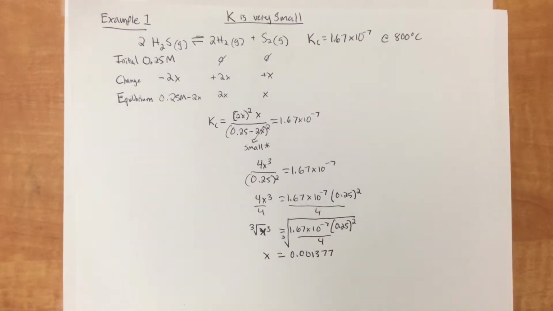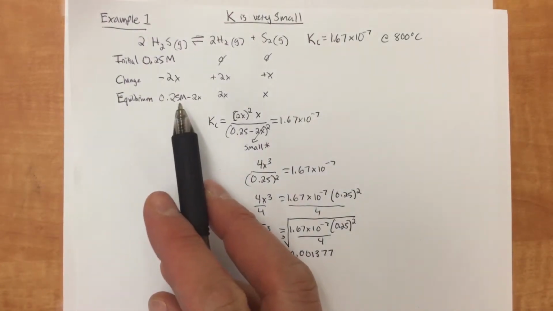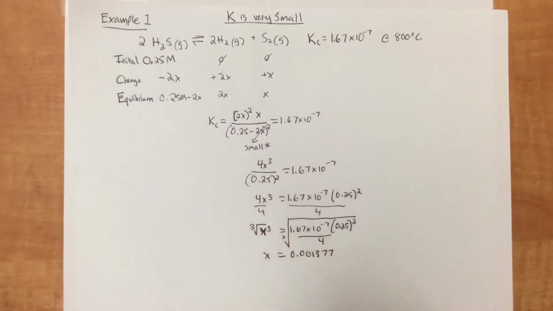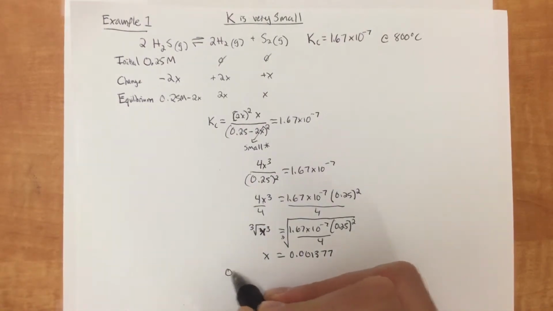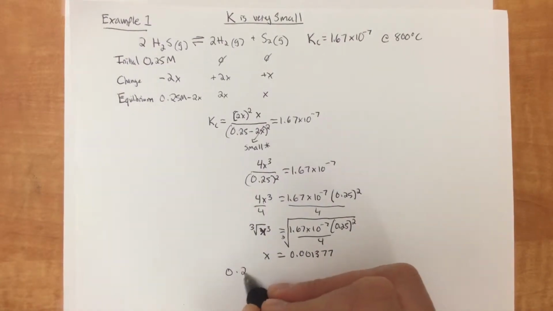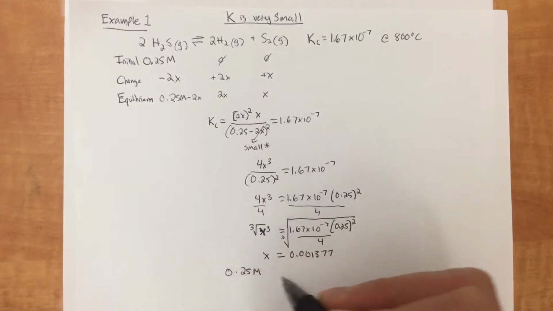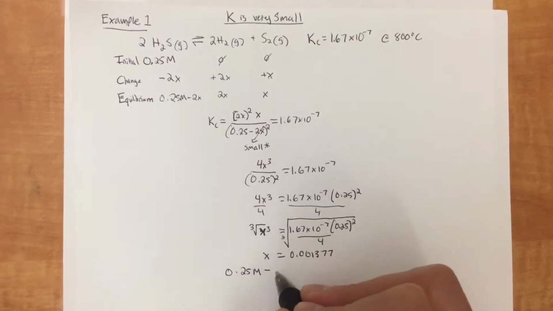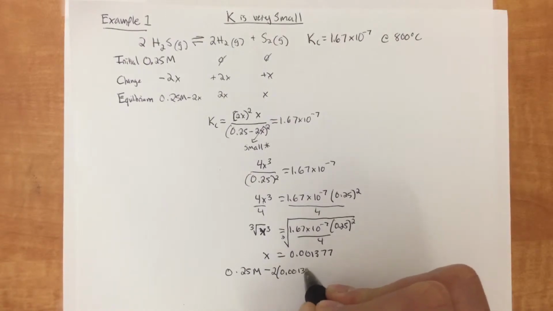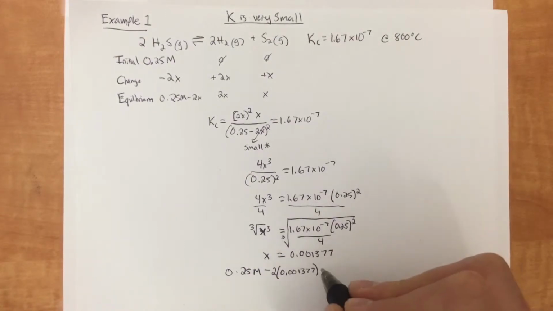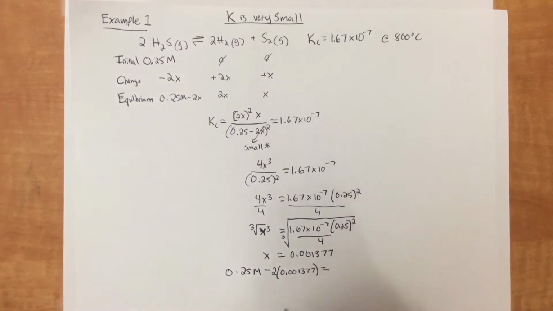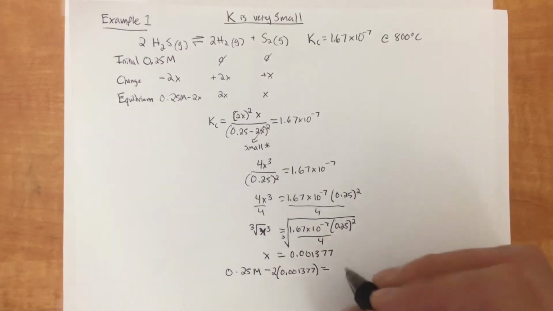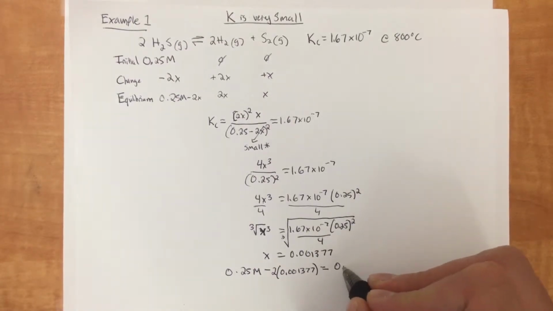If we look at this value, we can check whether or not our approximation initially was a valid one. We start off with 0.25 molar, subtract our 2x, which gives us a value within our significant digits that is still 0.25 molar.